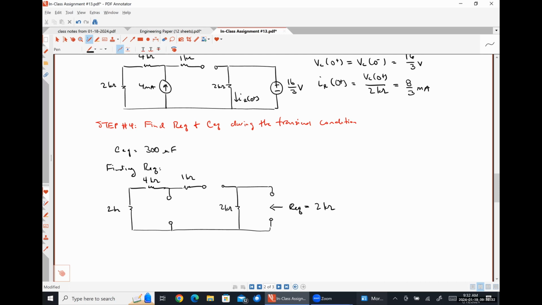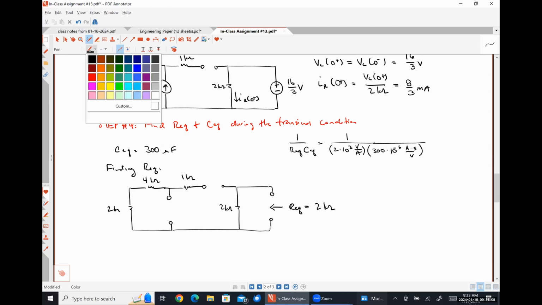So 1 over REQ times CEQ is 1 over 2,000, let me do 2 times 10 to the 3 volts per amp, because that's what an ohm is, times 300 times 10 to the minus 6 farads, where a farad is an amp second per volt.